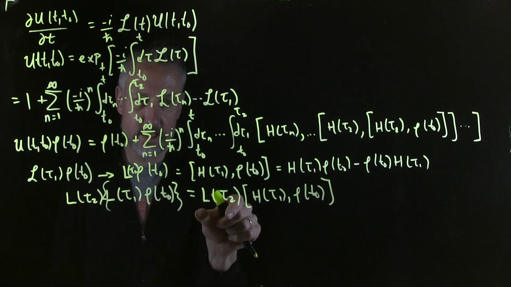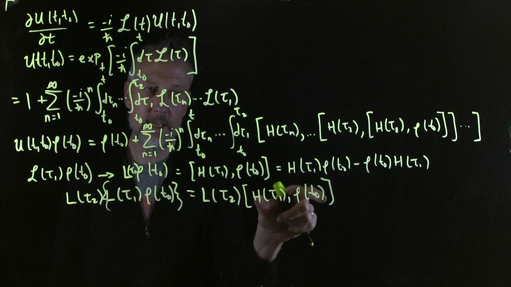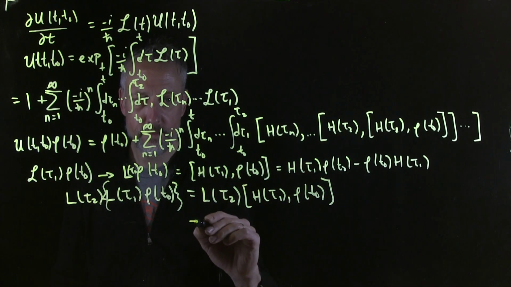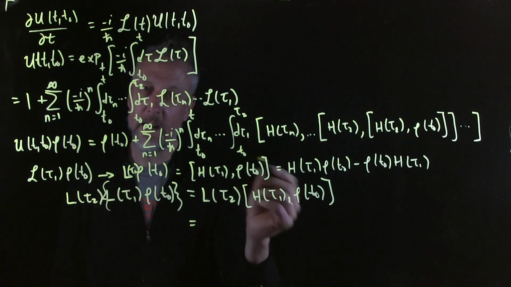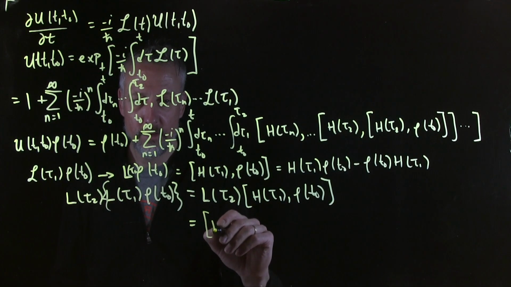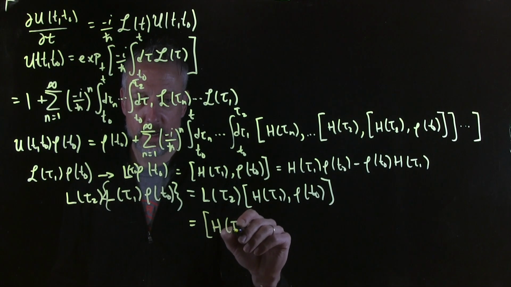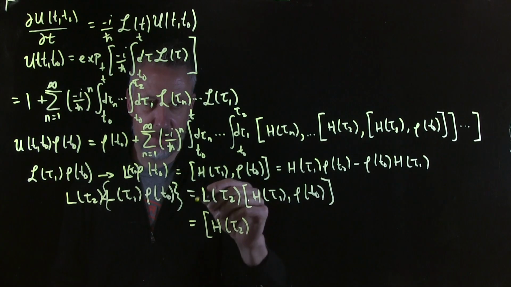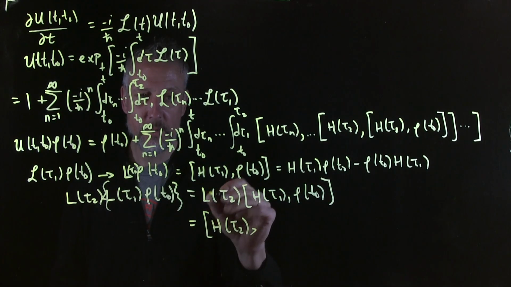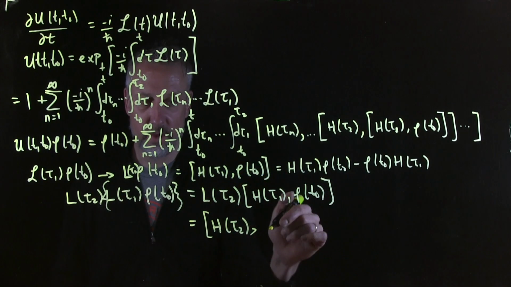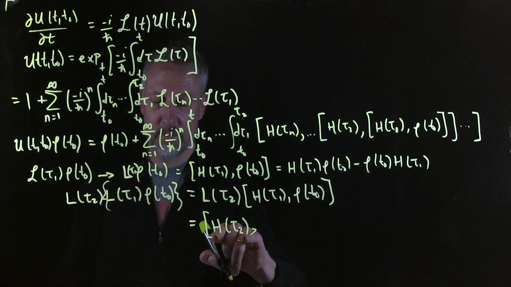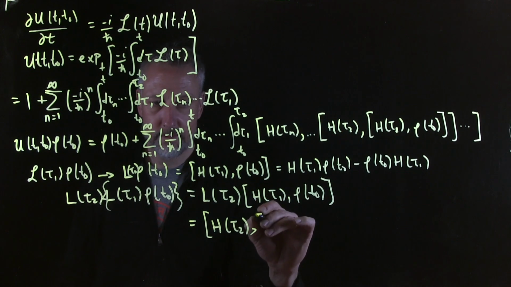So it's going to be this times this minus this times this. That's going to look like, when we write it with the Hamiltonian, of course, H of tau 2, the commutator with this. That's what we mean when we say L operating on something. It means commute the Hamiltonian with it. So we're doing the commutator of H with this.